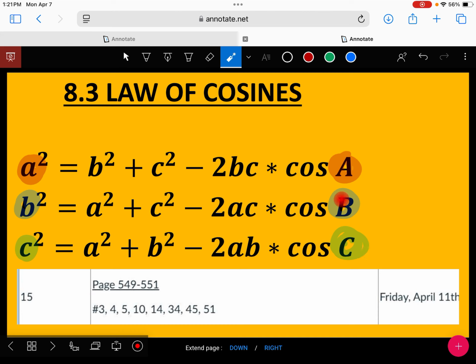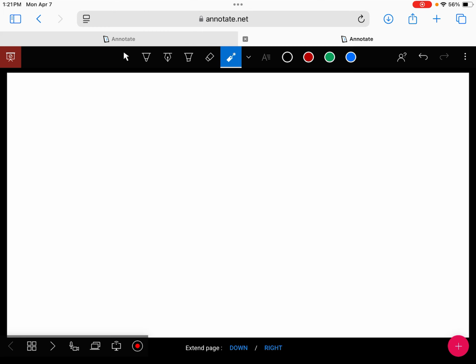You always see how the capital letters are at the end. So we start off with our sides. See how these are lowercase letters? Those are all sides. And when we're taking the cosine, we don't take the cosine of a side, right? We would take the cosine of an angle, right? All right, so let's go ahead and finish this out.